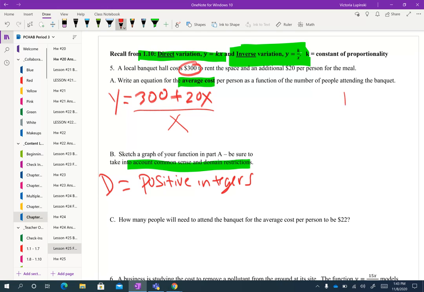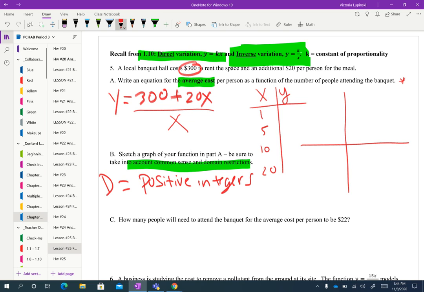So in terms of what the graph is going to look like, you're only really going to have something in the first quadrant because it has to make sense. I would suggest that you make a little table here. What happens if you have just one person at your party, 5 people, 10 people, 20 people? You could keep going, but you just need a couple points to see what's happening.